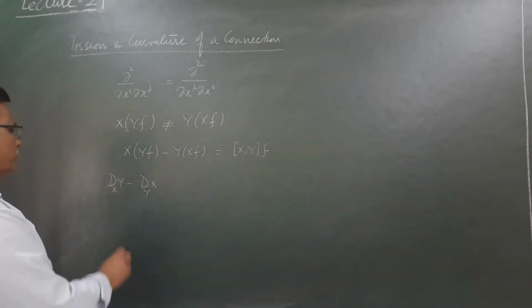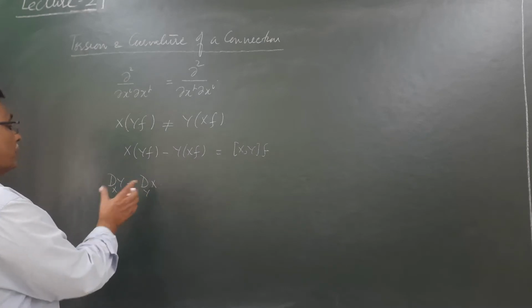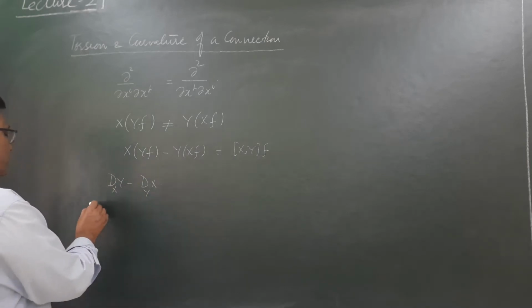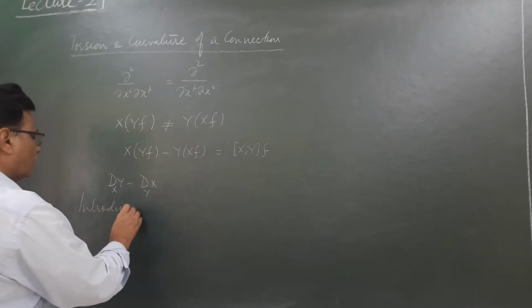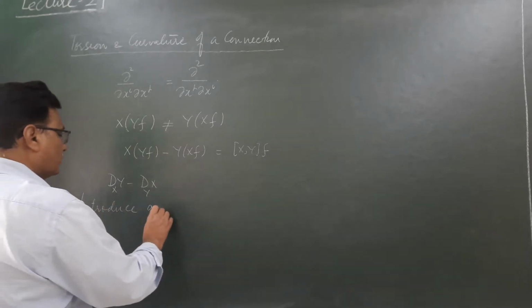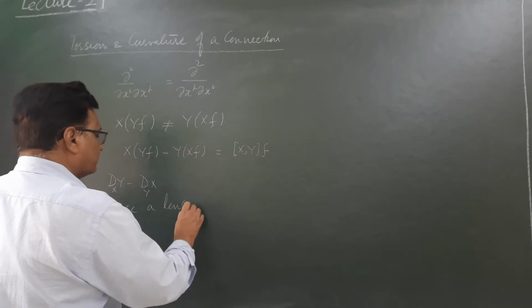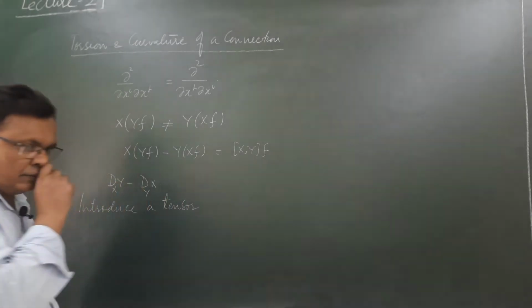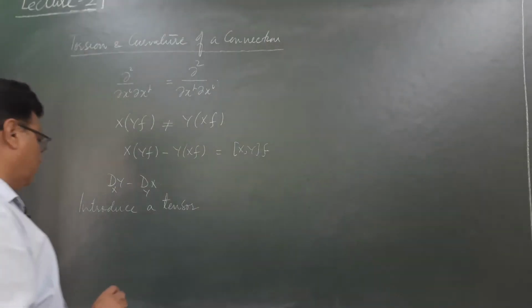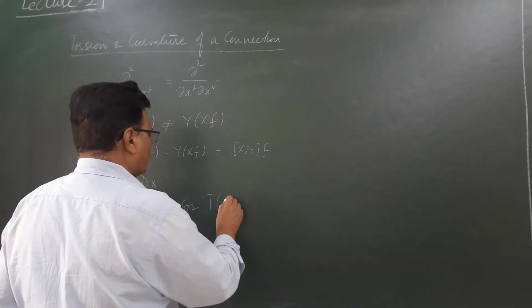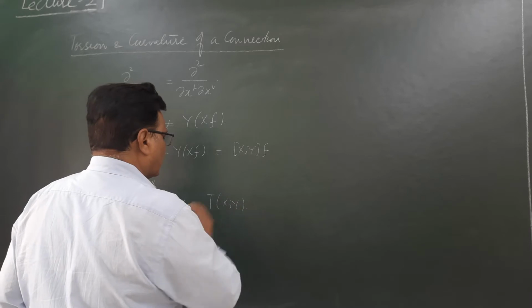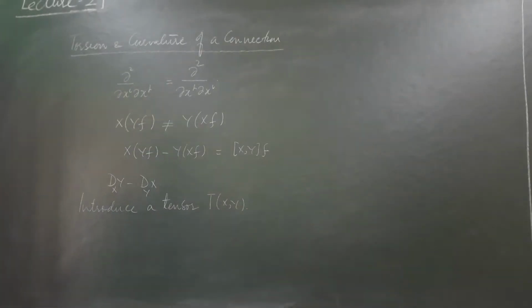So to get hold of the difference, we introduce a tensor. And this tensor I will be taking as a vector valued function. So introduce a tensor T(x,y), and I will be calling it a torsion tensor.